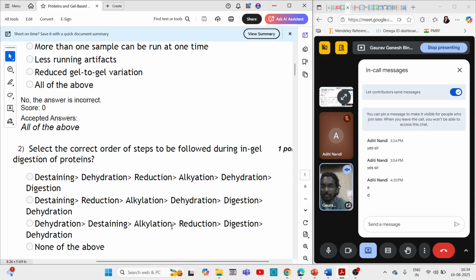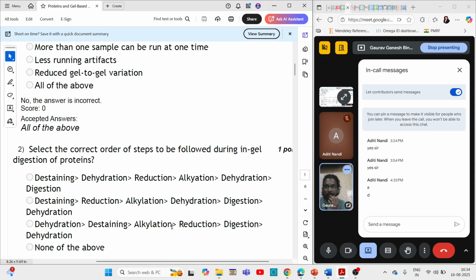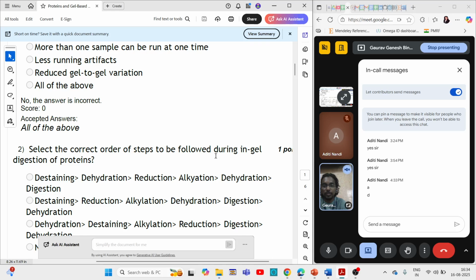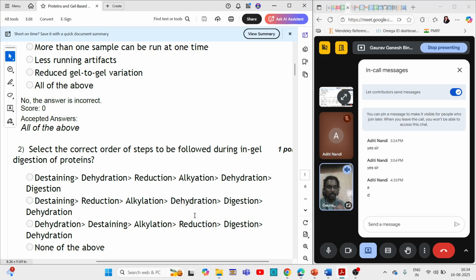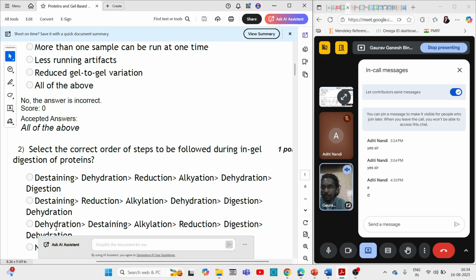Yeah, we were discussing the protocol, selecting the correct order of steps to be followed during in-gel digestion of proteins. We did discuss in detail how in-gel digestion is done. Once you cut one specific spot after running the 2D, like after running the DIGE experiment, you cut the gel. What will you do? The first step, you will do dehydration, destaining.